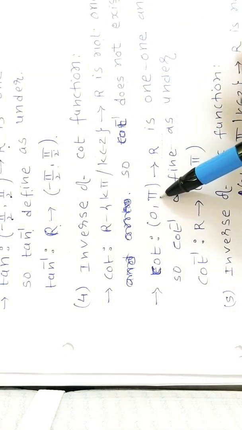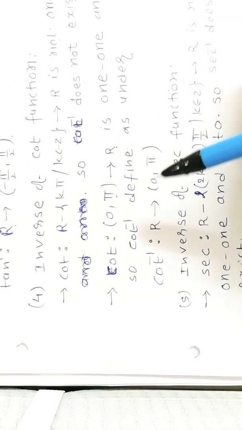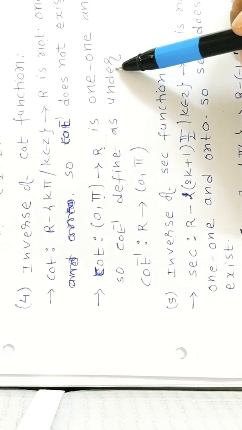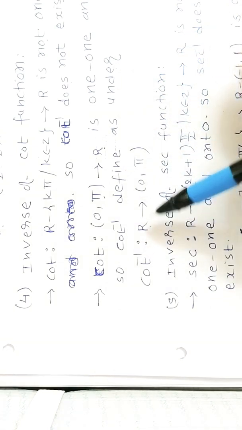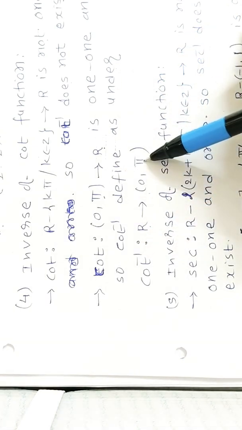The restricted domain is 0 to pi, and the codomain is R as it is, because cot function is onto, so there is no need to change the codomain. So cot inverse is defined as under. Cot inverse: R to 0 to pi.